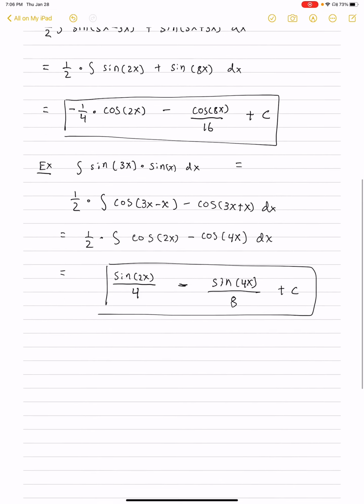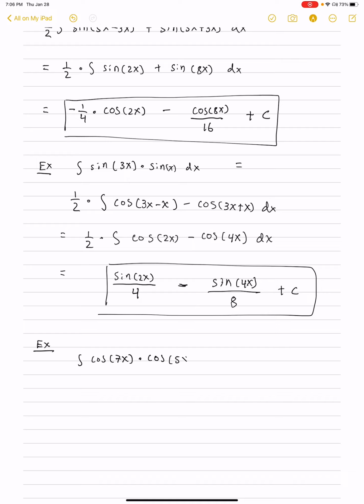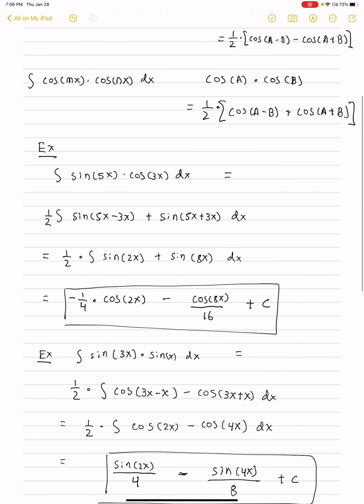Now the last form of an integral is if we have cosine of 7x times cosine of 5x dx. Well, we're going to use this identity, this very bottom one over here.